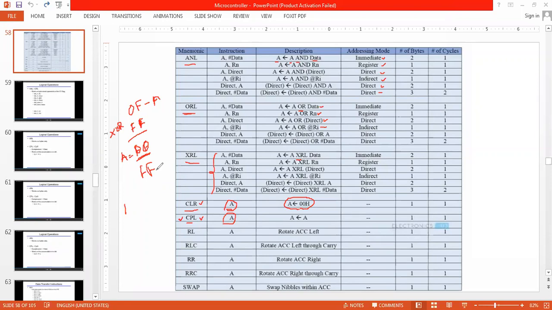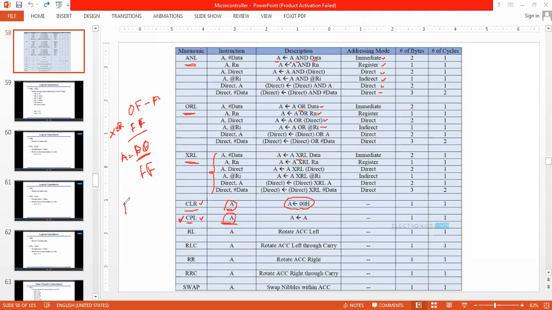Complement. NOT gate. Applying the NOT gate for this. There are no two operands. A two operand operation is only upon AND logic, OR logic, and XRL logic. Because complement, that is the NOT gate, is having only one input. That is why single operand. So complement the value of A.